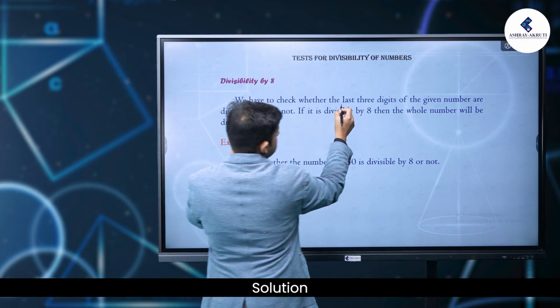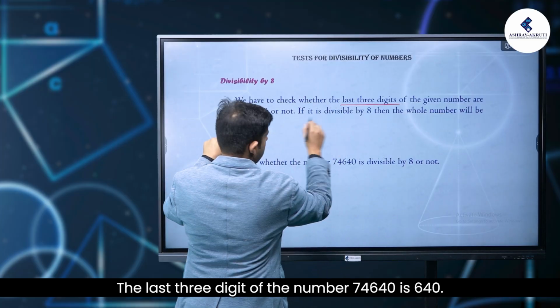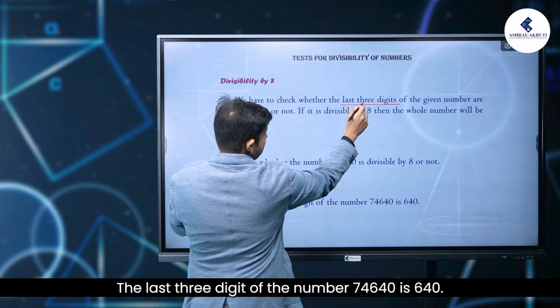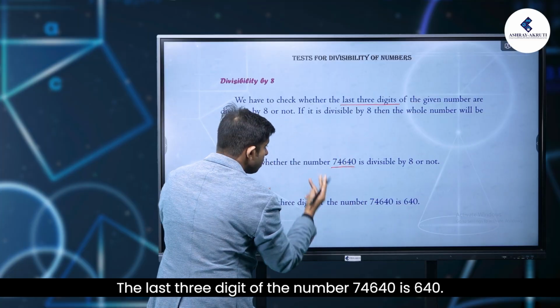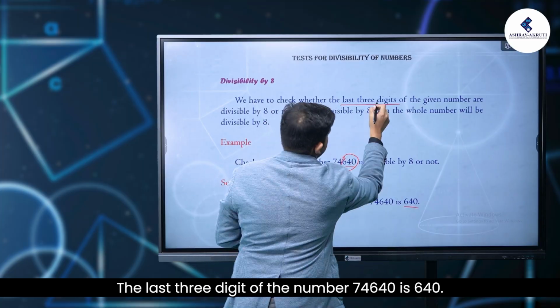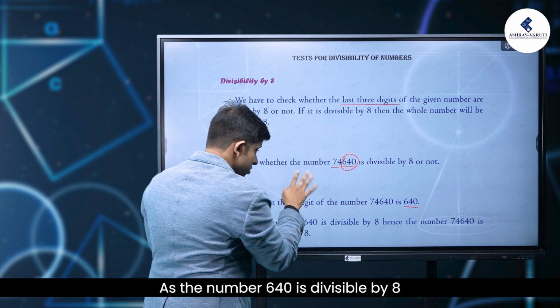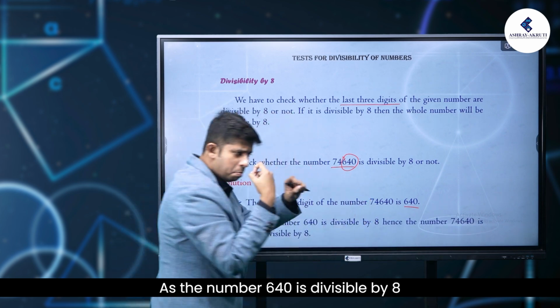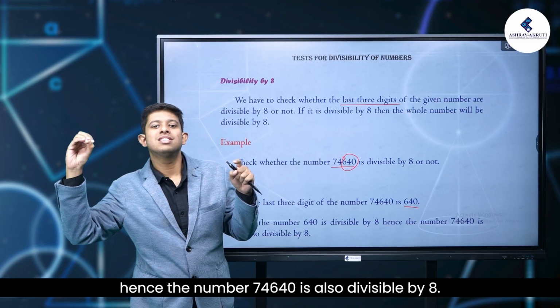Solution: the last 3 digits of the number 74640 are 640. As the number 640 is divisible by 8, hence the number 74640 is also divisible by 8.